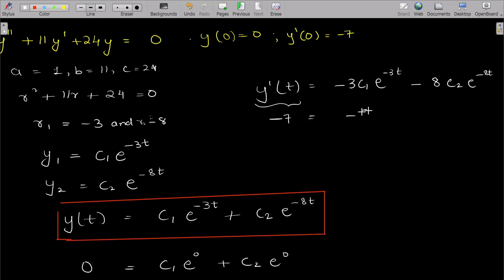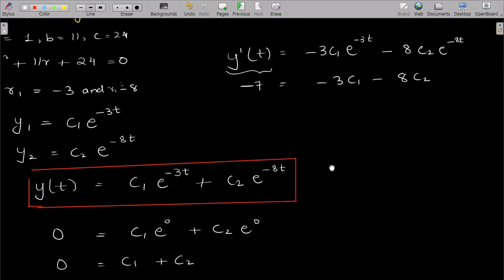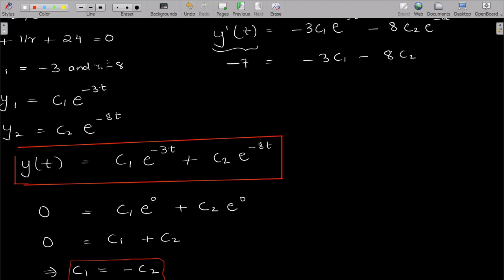So this will give us negative 7 equals negative 3c1 minus 8c2. Now we have two equations.